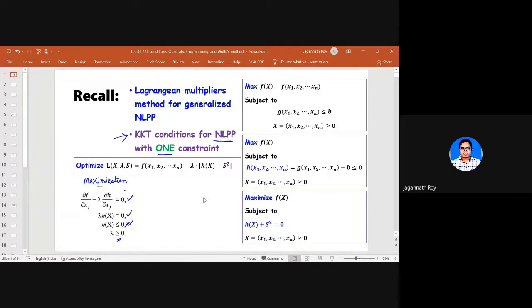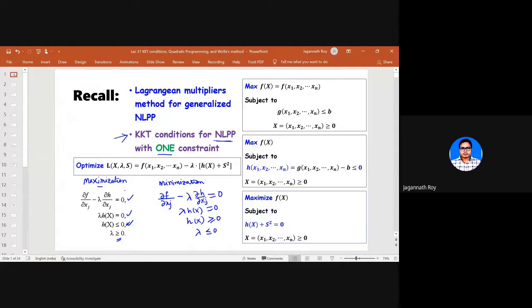But if we have a minimization, then for minimization these conditions will be, the first one to the second one will be the same: the partial derivative del h by del x j equals 0, then lambda h(x) is 0, then h(x) is greater than or equal to 0, and the multipliers will be less than 0.